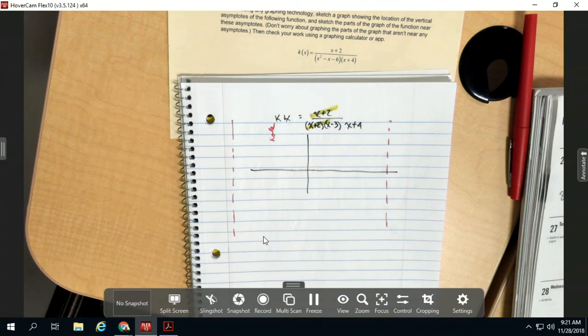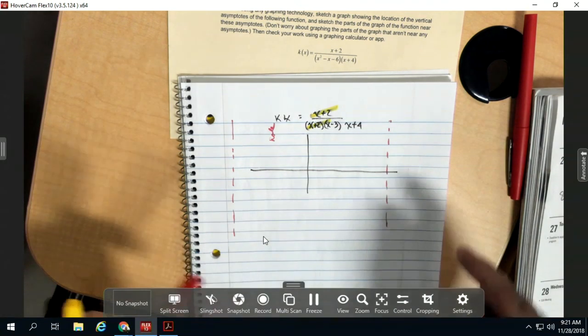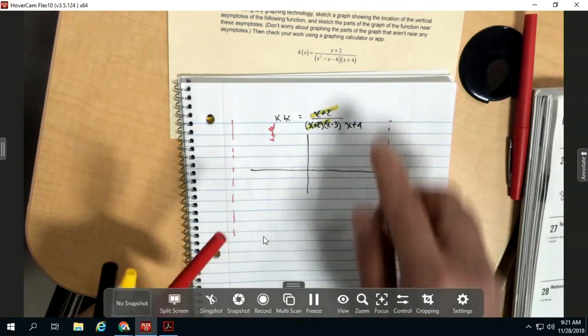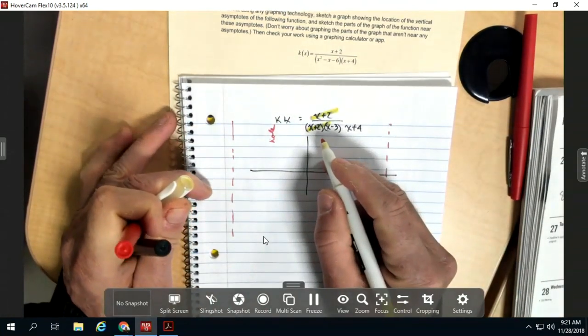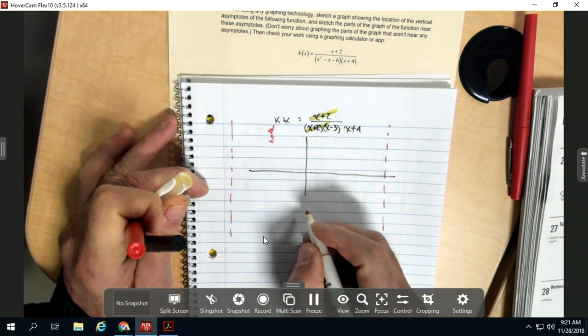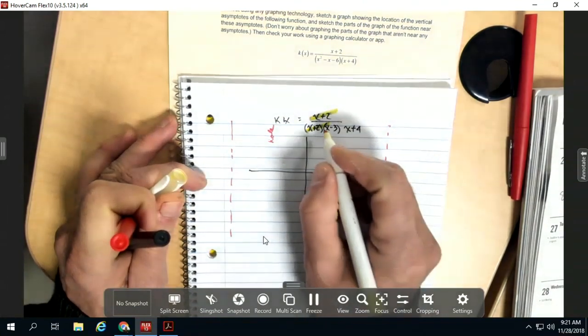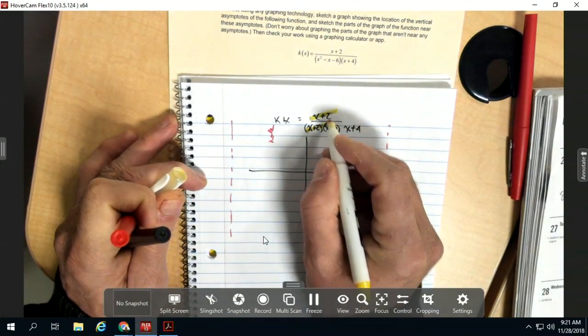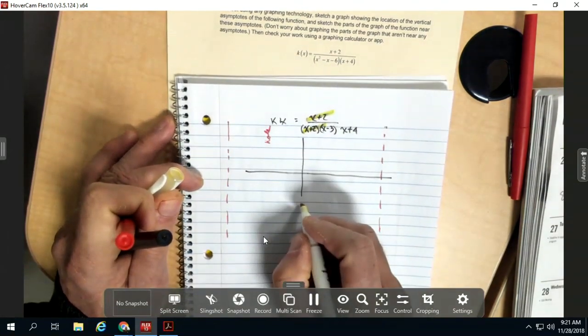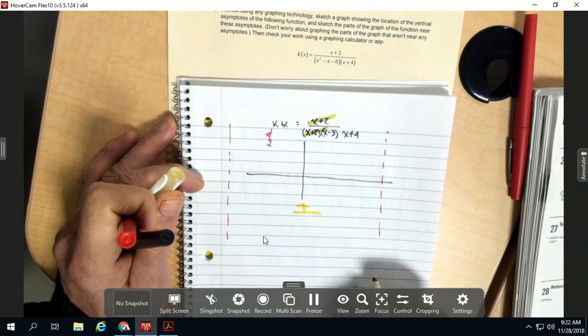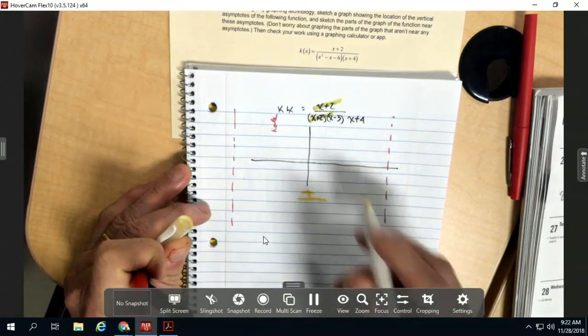Now, what we found out then is what our values are at any spot. I always like to choose 0 because 0 is easy to substitute in. This is positive if you substitute in 0.